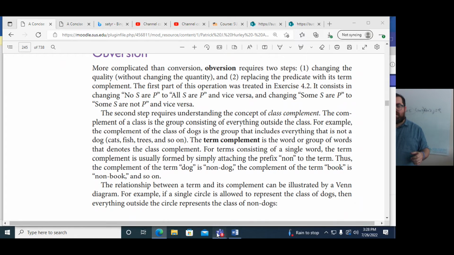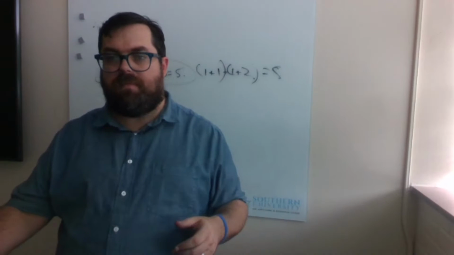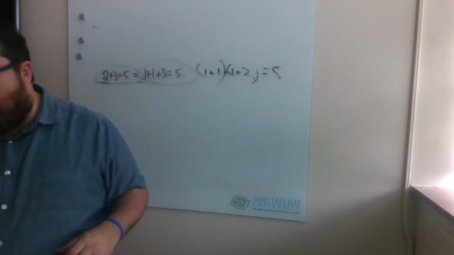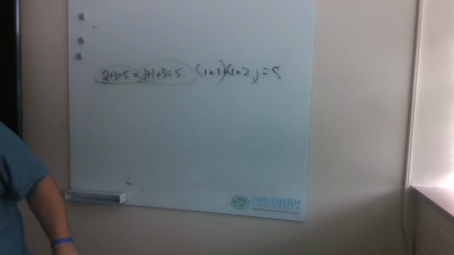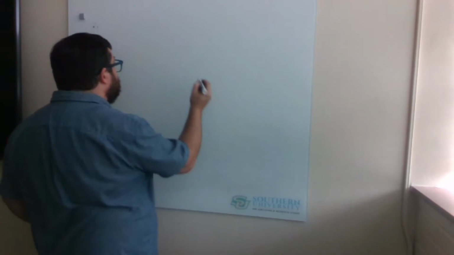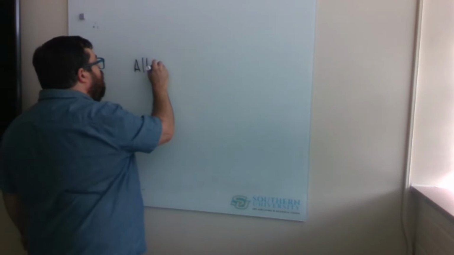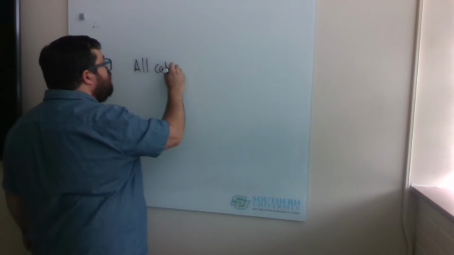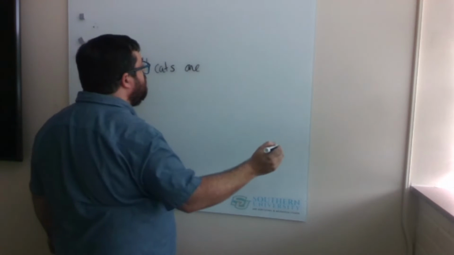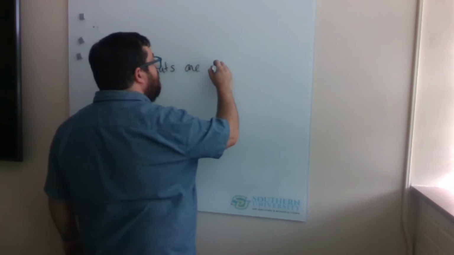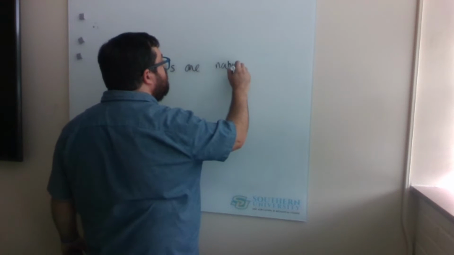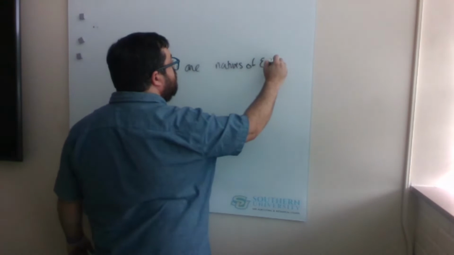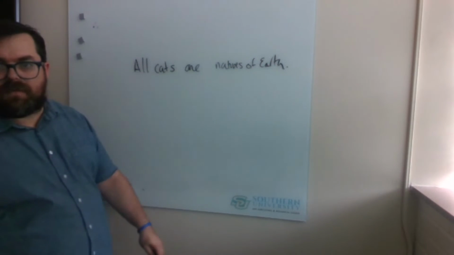Let me explain term complements. The term complement is the technical term for adding non to P, right? So if I were to perform obversion on all cats are natives of Earth, that's kind of a weird proposition.